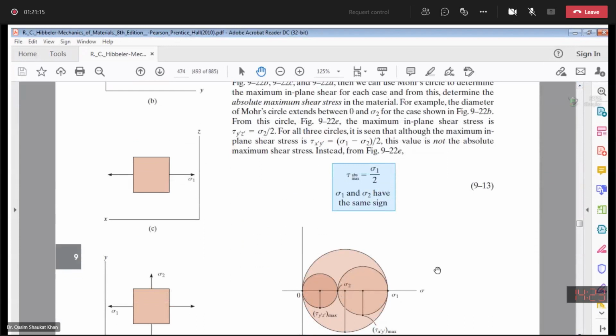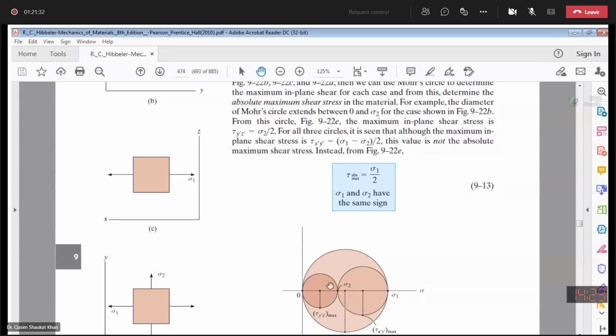Corresponding to sigma 2, we have drawn this Mohr circle. Everyone can see this smaller Mohr circle, 0 to sigma 2. One principal stress is 0, the other principal stress is sigma 2.